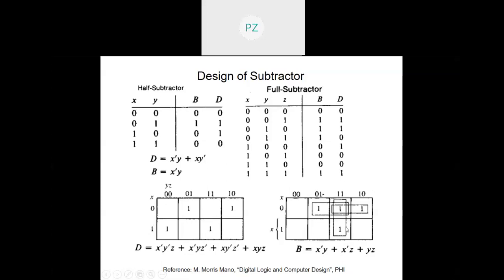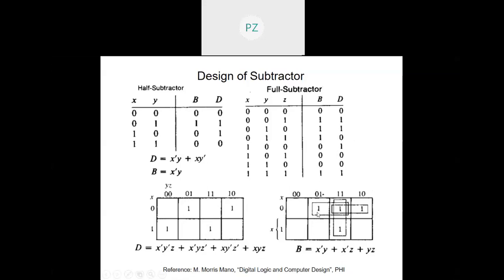For borrow, 0 1 1 1 and again 0 0 0 1. So you see that over here this was no different from the sum bit of a half adder. Similarly, the difference bit of a full subtractor is no different from the sum bit of a full adder, right? But the borrow will be different because now the terms will combine.